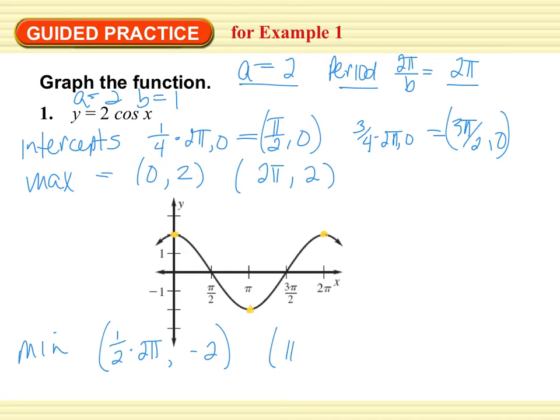Half of 2 pi is pi, negative 2. So we have the maximum, the minimum, the intercepts, and we can graph all those pieces and parts. So pi over 2, 3 pi over 2, maximum, minimum, maximum, and then draw a nice curve through it.